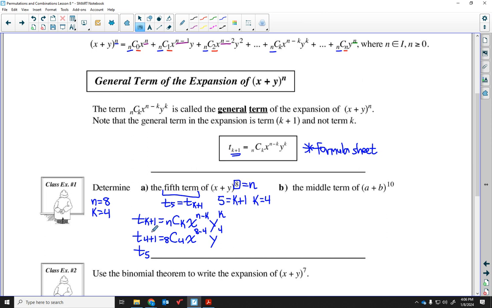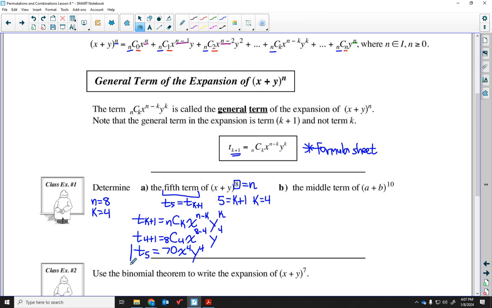We can confirm it if we sub the k value back in. This would be equal to 8 choose 4, which if we calculate is 70. So we have 70, x to the power of 8 minus 4, which is x to the power of 4, and then we just have y to the power of 4.